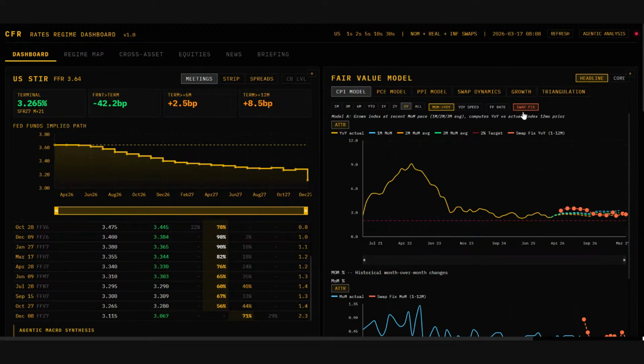If you look at the CPI swaps for the path forward right here, the market is pricing us to move up to 3.5 from 2.4. So the market is saying CPI is going to increase 100 bips, which is substantial.